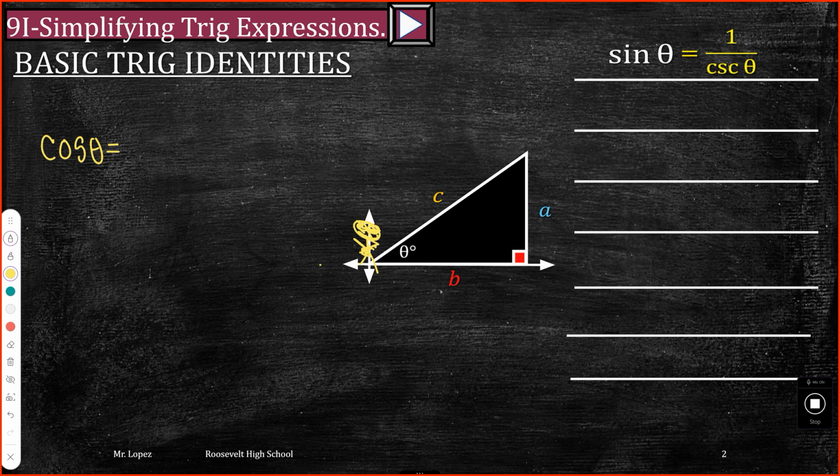A is opposite, yes? So this is opposite. What's the hypotenuse? That's the hypotenuse, yeah. And then this better be adjacent. So you have got to know those, where they belong and what they are.